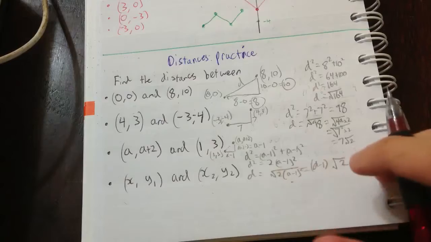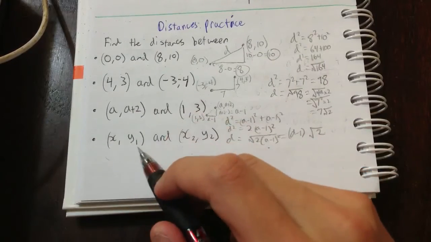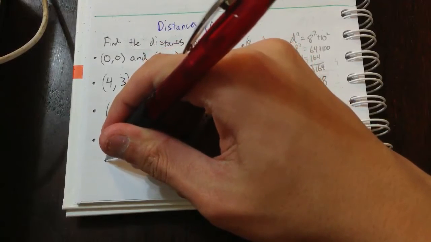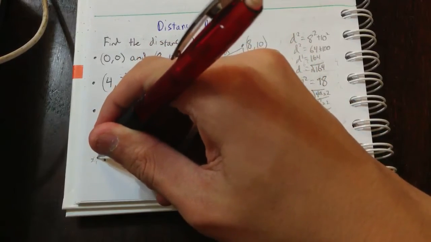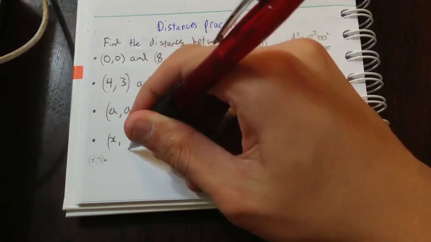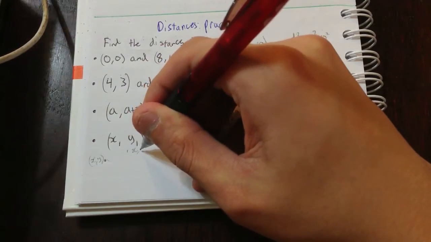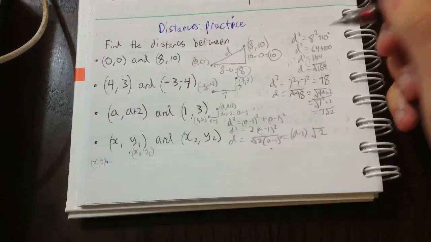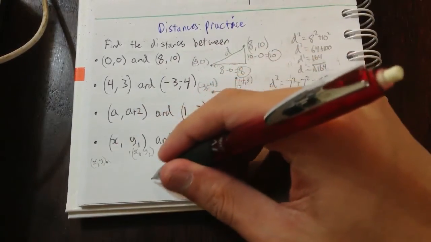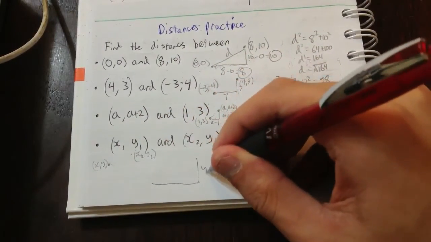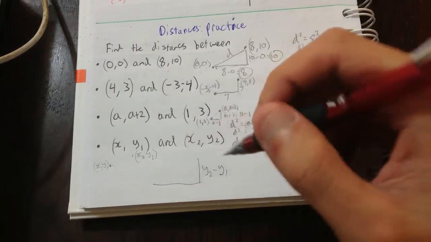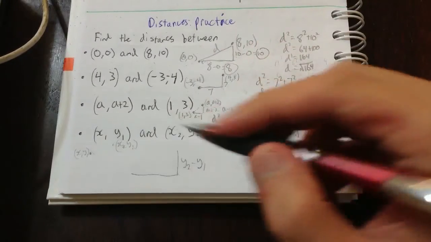Finally, I'm going to do the generic one, x1, y1, x2, y2. And this tells us the distance between any 2 points. So if I had this point over here, x1, y1, and a point over here, x2, y2, this will tell us the distance between them. So what's the difference in height? The difference in height is y2 minus y1. What's the difference in width?